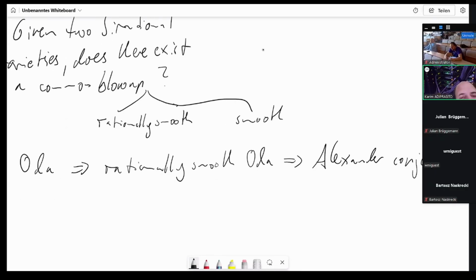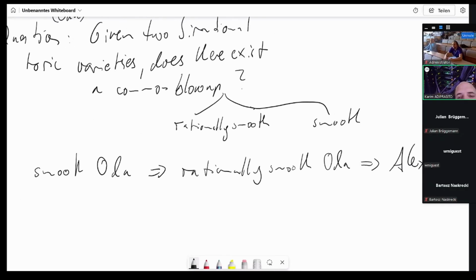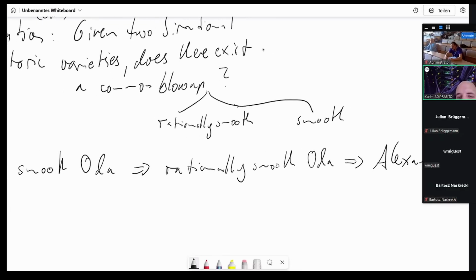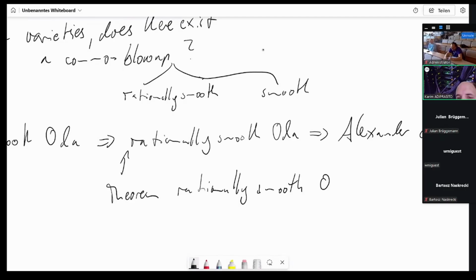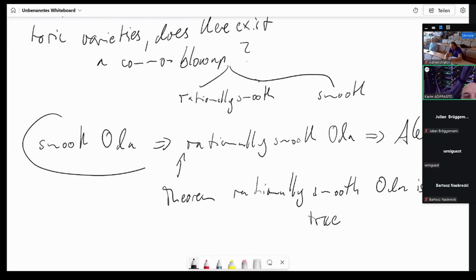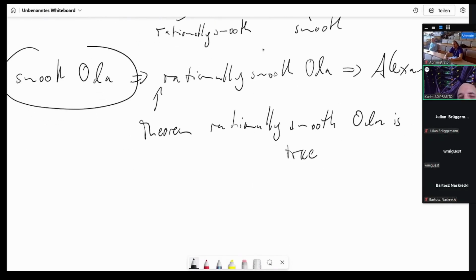I will try to explain a little what this means, but our theorem is that in fact the rationally smooth Oda conjecture is true. What is open is the so-called smooth Oda conjecture.